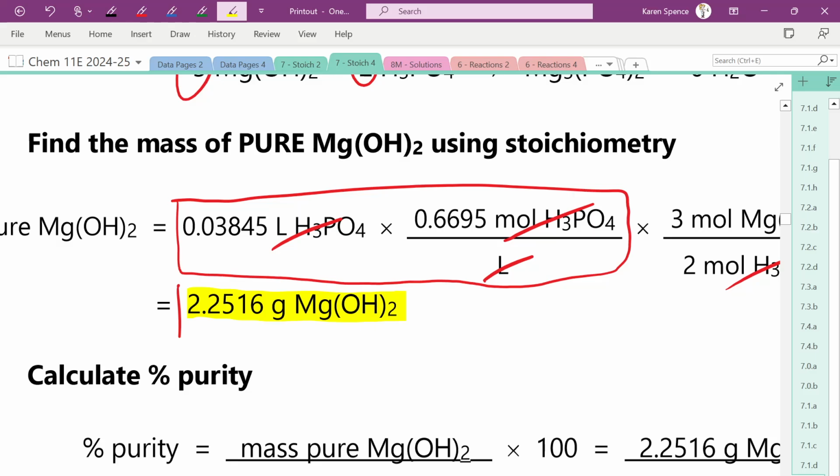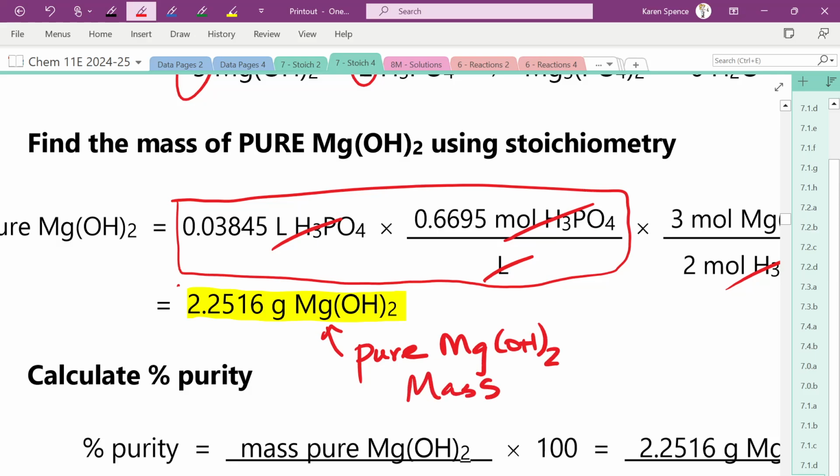Now, remember, does the junk react with the H3PO4? No. Only the pure MgOH2 reacts. So now we know the mass of the pure MgOH2.